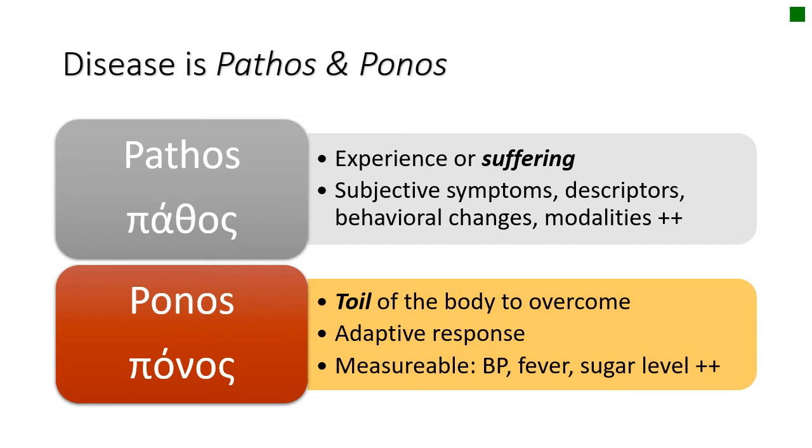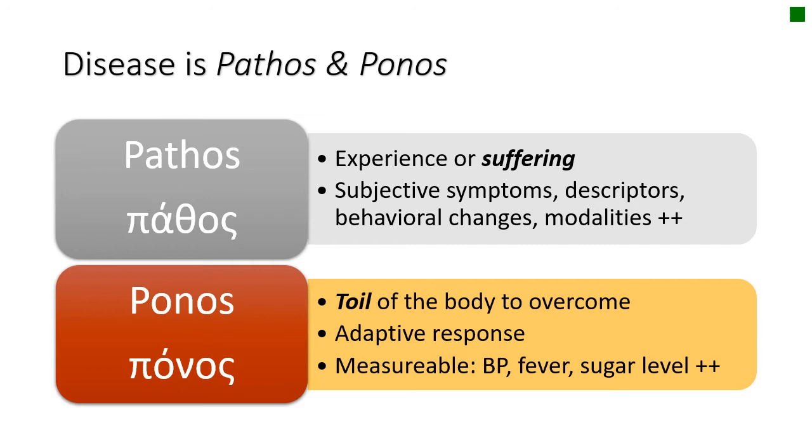If the body is invaded by, say, some kind of an infective agent, then the immune system of the body will react in order to drive that pathogen out of the body. In other words, the fever, the inflammation, and all these things are really related to the adaptive response of an otherwise healthy body.